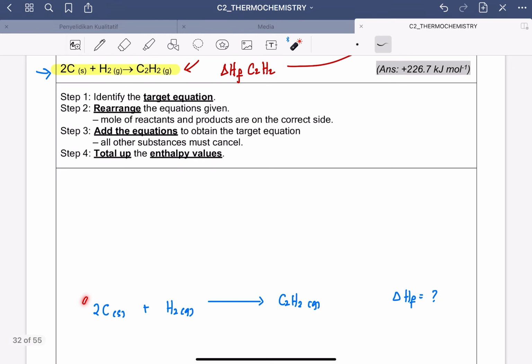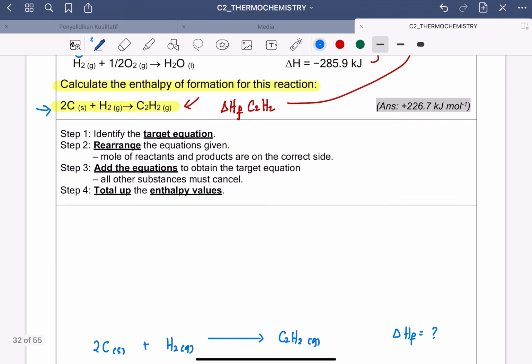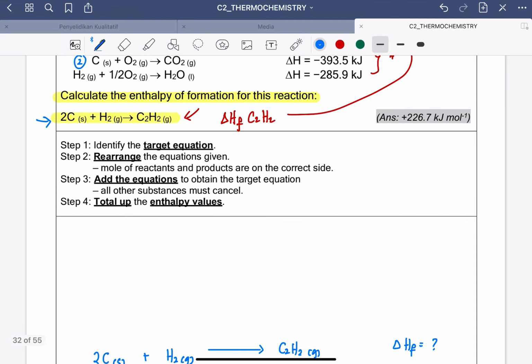Now, since I'm looking for 2C, we can find carbon here. So say this is equation 2, so I will rewrite it again: 2 carbon plus 2 oxygen gas gives 2 CO2 gas.